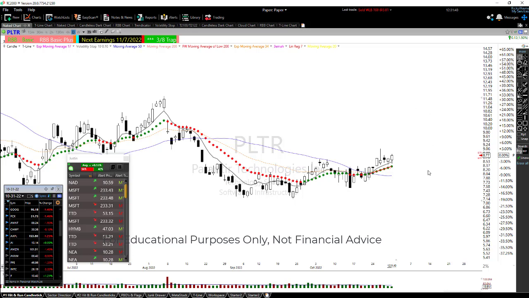Let's say there's somebody that disagrees with PLTR. I'm going to say this is bullish. It's bullish based on my rules, okay? Somebody else might say it is not bullish. Well, that's based on your rules, and that's okay. That's what the market is about.